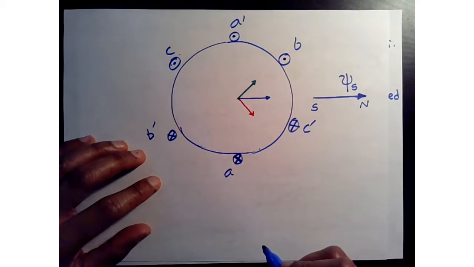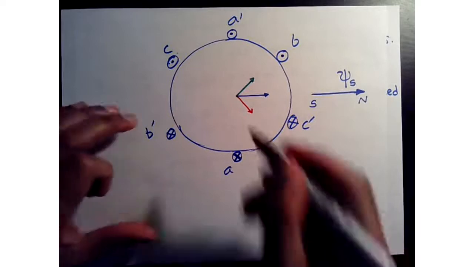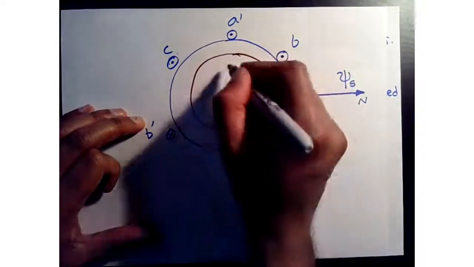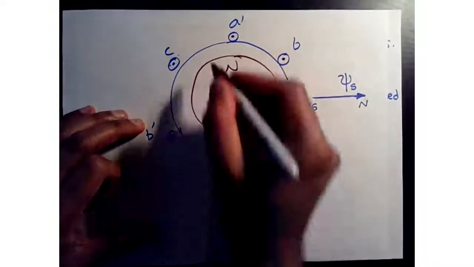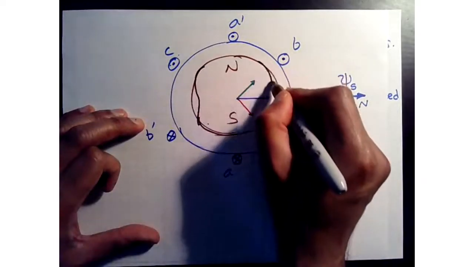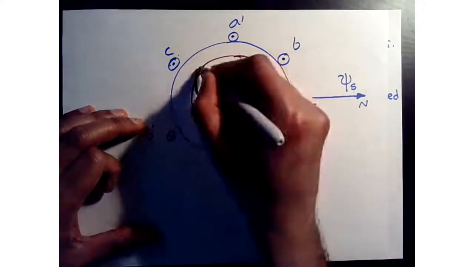And now let's think about our rotor, right? So the rotor, I'm going to just arbitrarily draw it like that. So let's say we have a north and a south. Let's have a little bit of saliency to show what's going to happen here. There's a bit of saliency there.